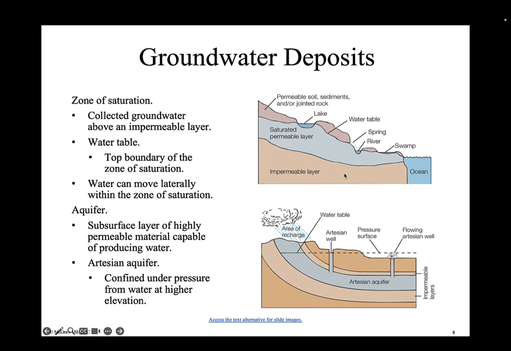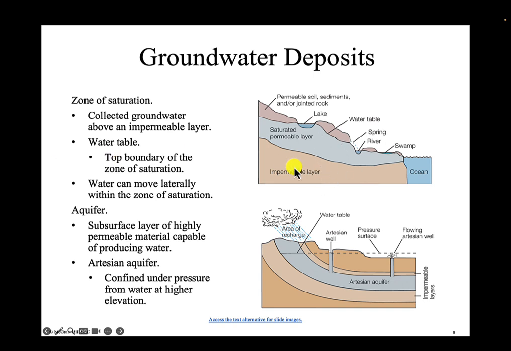That layer is impermeable because the pressure of the material on top of it is so great that it compresses all the pore spaces, so the water can no longer infiltrate that soil.